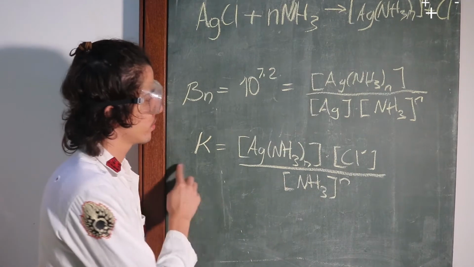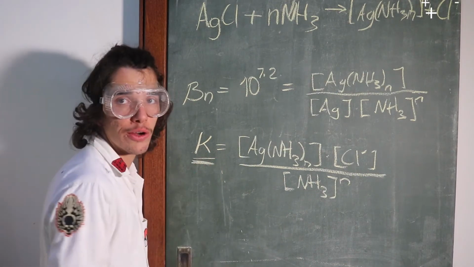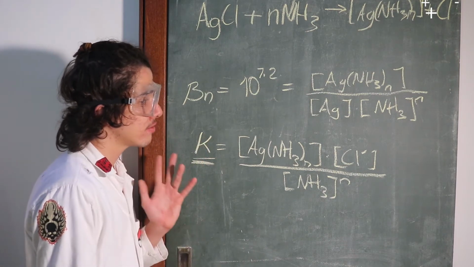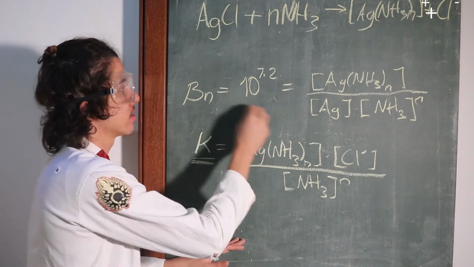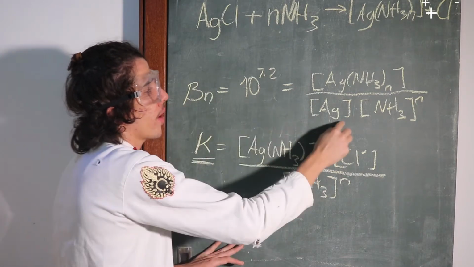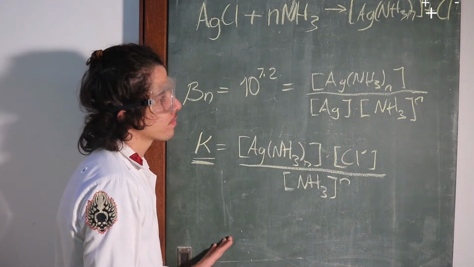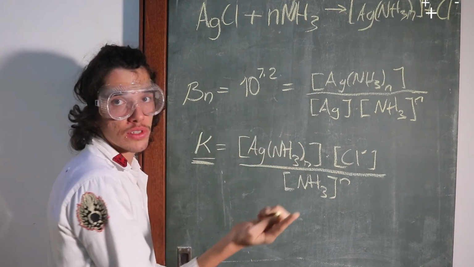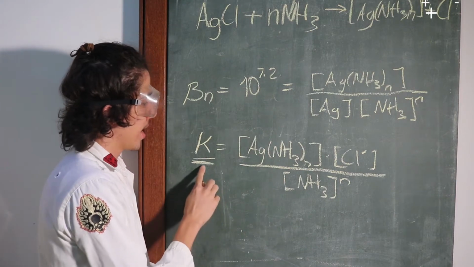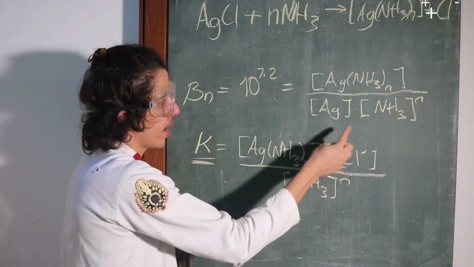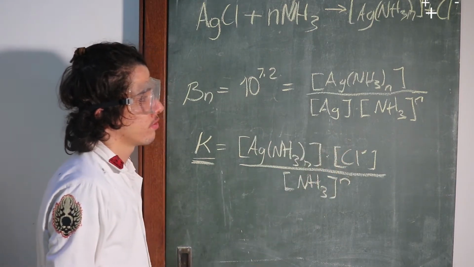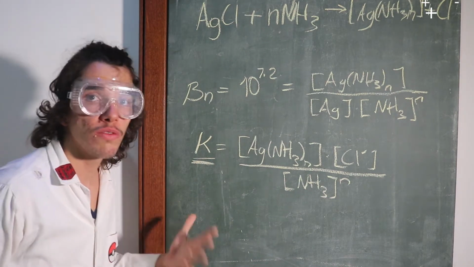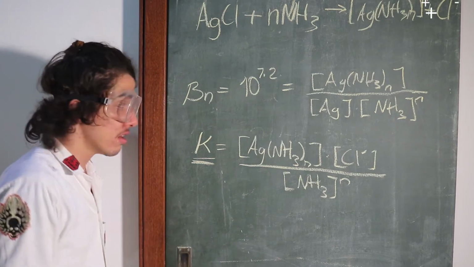So we want this value here. What do we have in common? The only difference is that we have the value of the constant here, and here the chloride is different from the silver. So what manipulation can we do with these equations to find our answer?